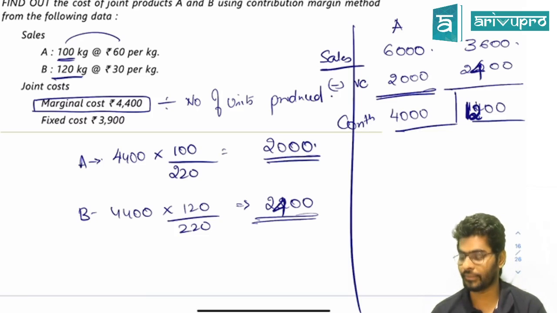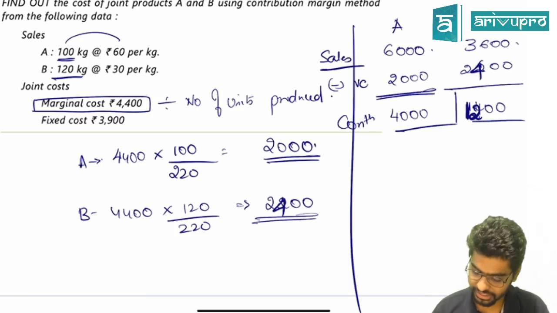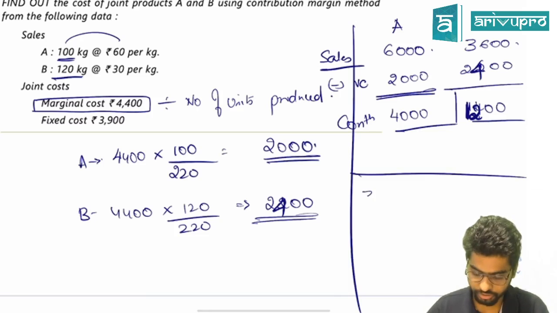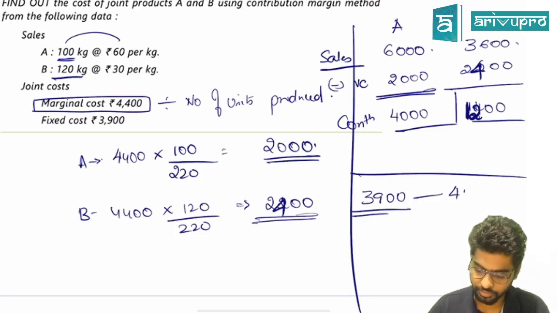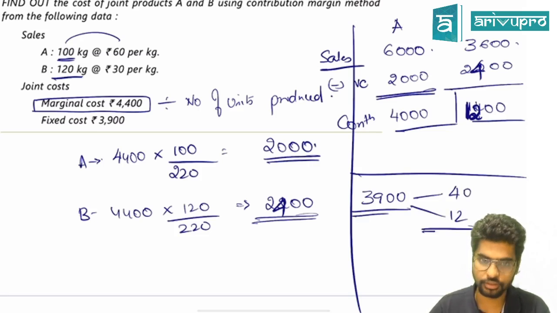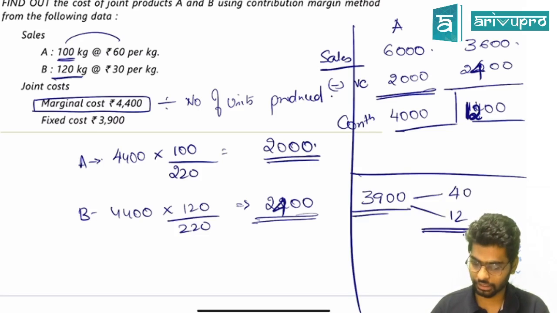Guys, are you clear? So, my fixed cost of 3900, I'll be dividing it in the ratio of 40:12.